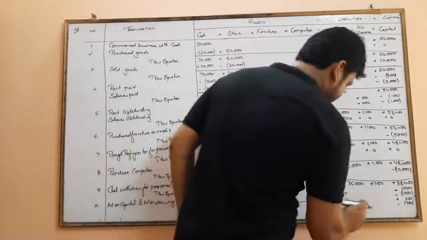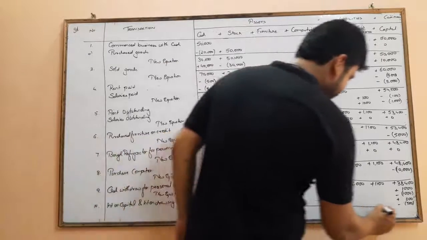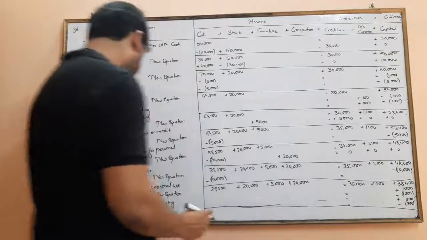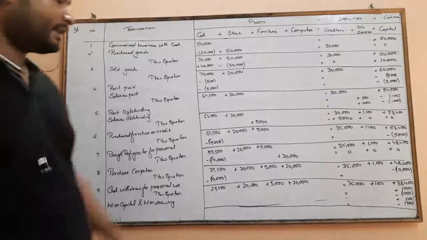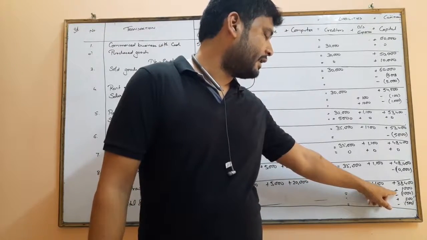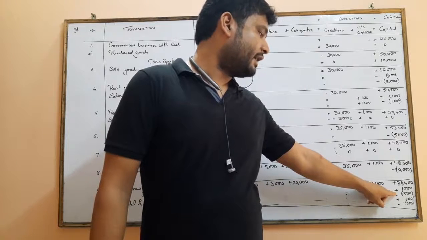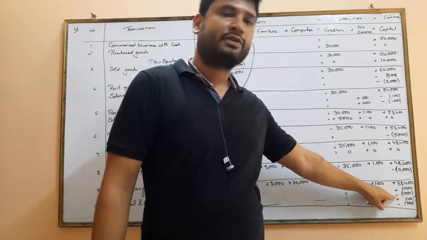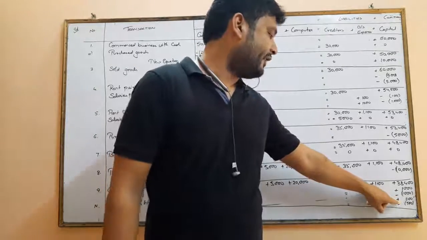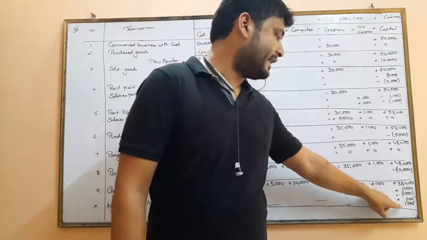So my final equation after the transaction: why have we added it up? Interest on capital is an income for the owner, being paid to the owner, so it will be added up, and it is an expense for the company, so it is subtracted. In the same way, interest on drawing is an income for the company, so it is added up, but it is an expense for the owner, so it will be subtracted from the capital.